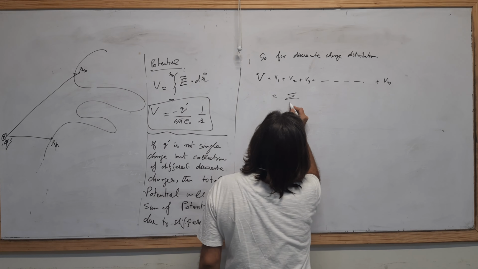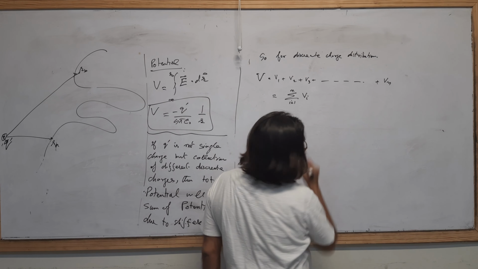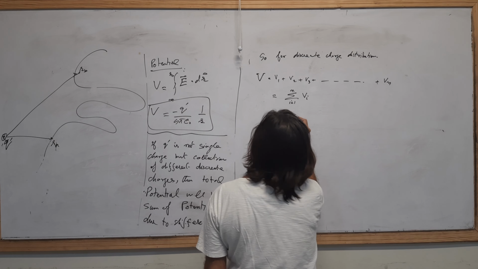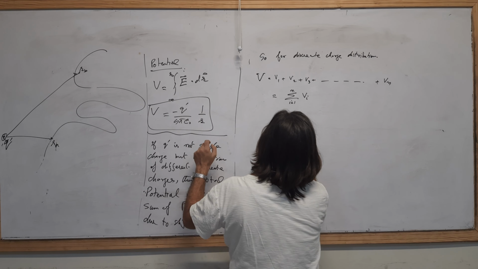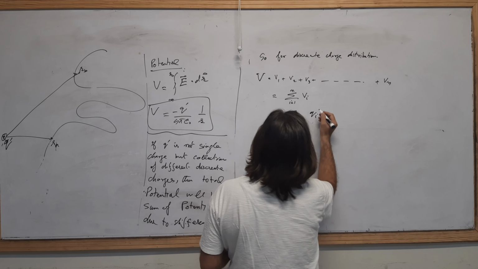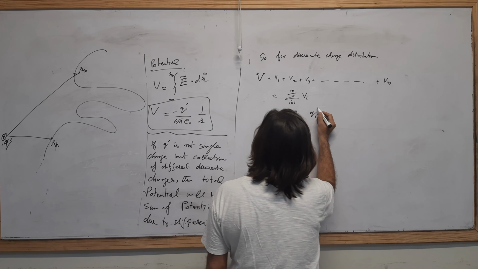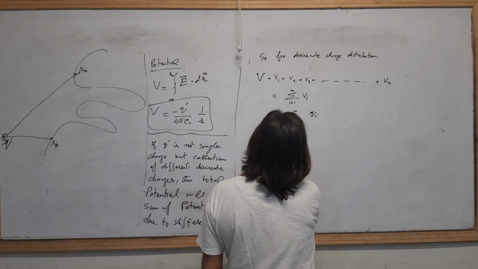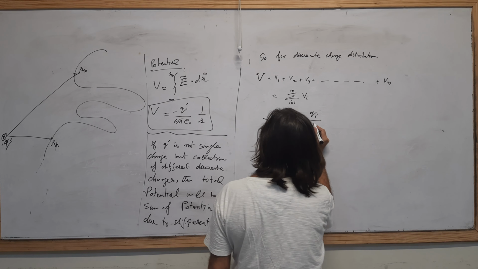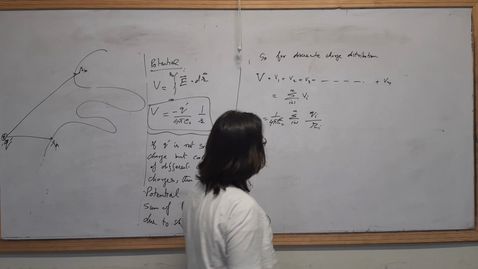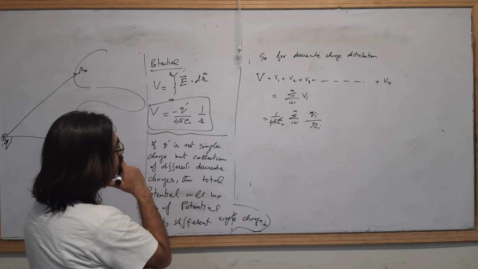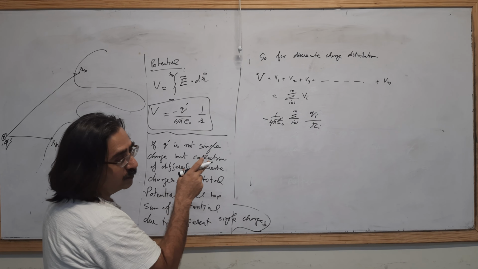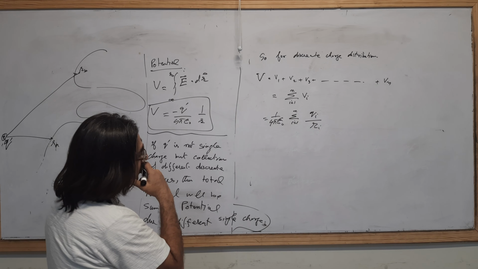We may write it as the sum from i equal to 1 to n of Vi, and this Vi will be equal to this, with Qi, because different charges will have different distances from that point. So Ri will not be the same for every i.